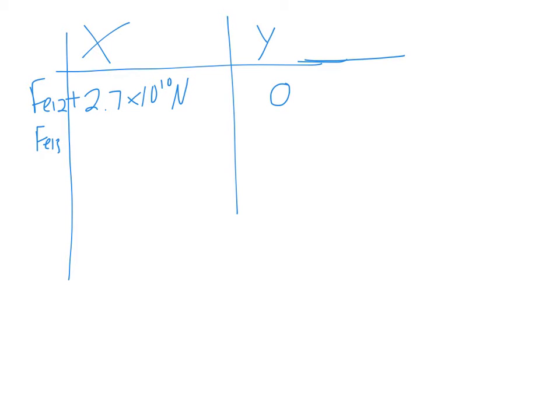Fe13, your x component, so Fe13x equals Fe13 cosine theta. Fe13y equals Fe13 sine theta. So just like you would find an x and y component for anything else we've done this year, forces, vectors, momentum, you're breaking it apart.